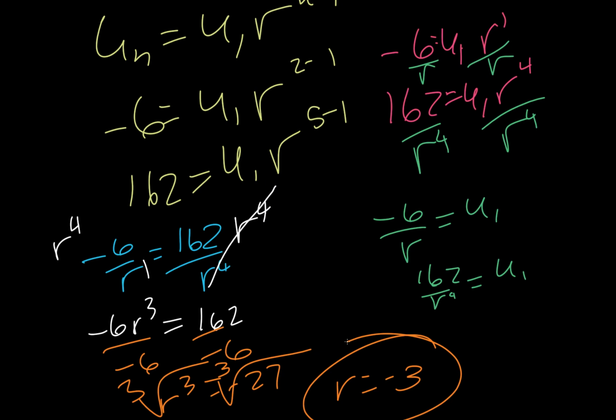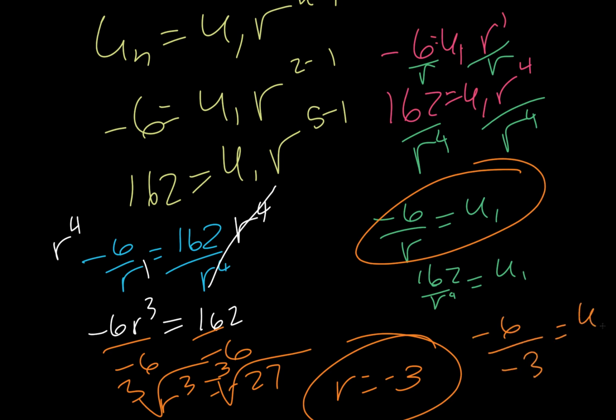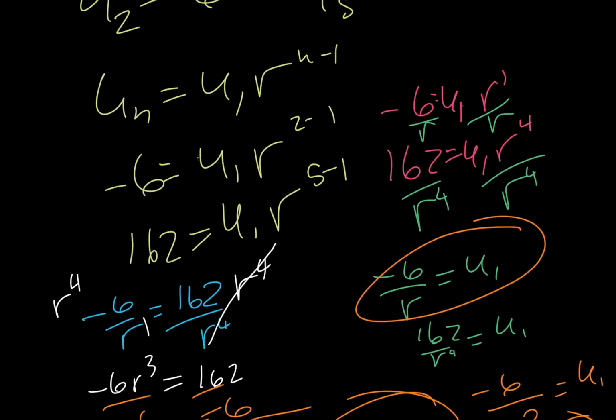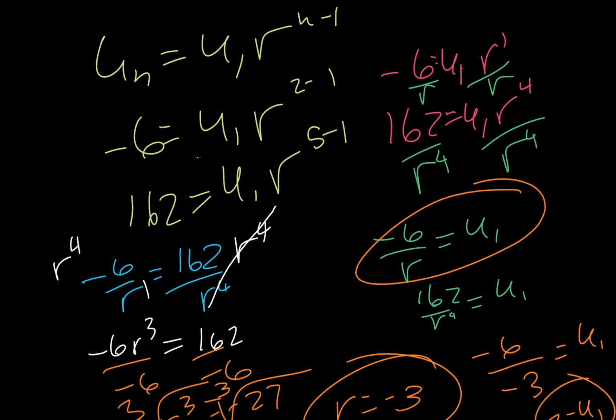So we're trying to find the general term. So we found our r, so we still need to find our u. So I'm going to come up here and plug it in. So negative 6 over negative 3 equals u_1. I just plugged in a negative 3 for this r. Negatives would cancel, and 6 divided by 3 is 2. And so we have the pieces that we need for that general term formula, which was right here.